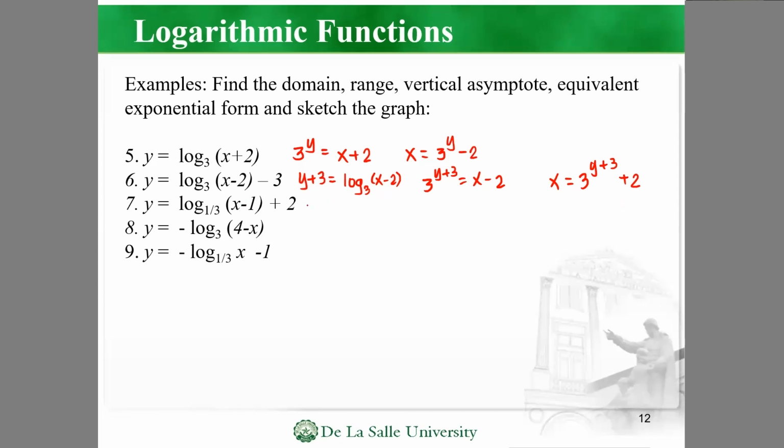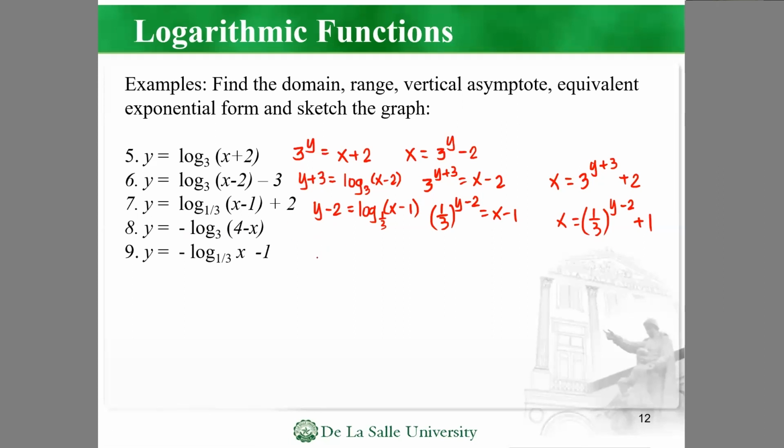This one, let's fix this. Y minus 2 is equal to log base 1/3 of x minus 1. Therefore, 1/3 raised to y minus 2 is x minus 1. So x is equal to 1/3 to the y minus 2 plus 1. Next, there's negative.